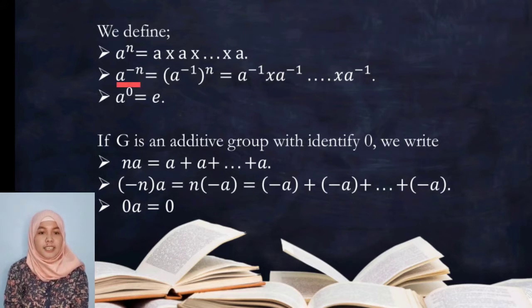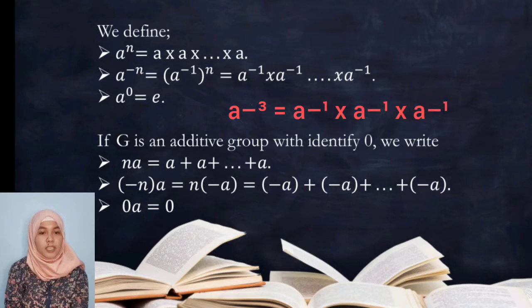Next is a to the power of negative n, which means the inverse of a repeated n times. For example, a to the power of negative 3 is equal to a inverse times a inverse times a inverse.